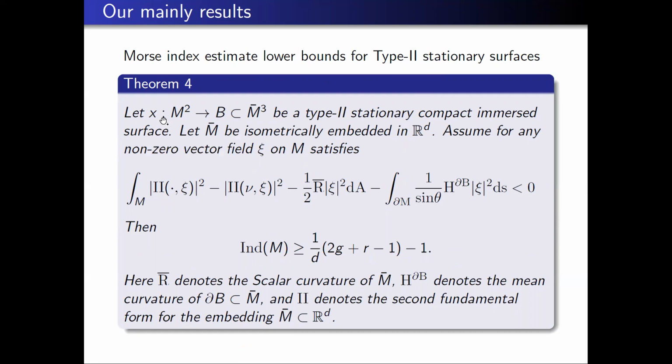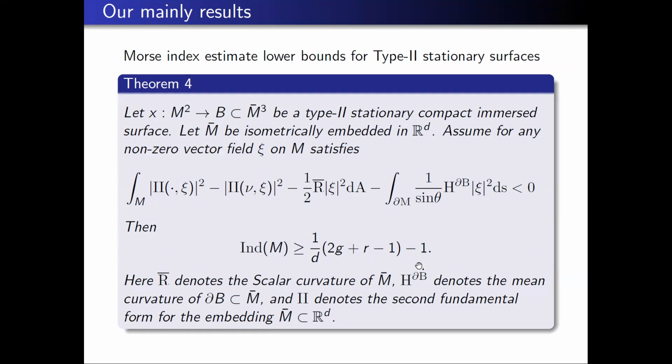Let X be a type 2 surface, and let M bar be isometrically embedded in R^D, Euclidean space. Assume for any non-zero vector field psi on M satisfy this strict inequality.